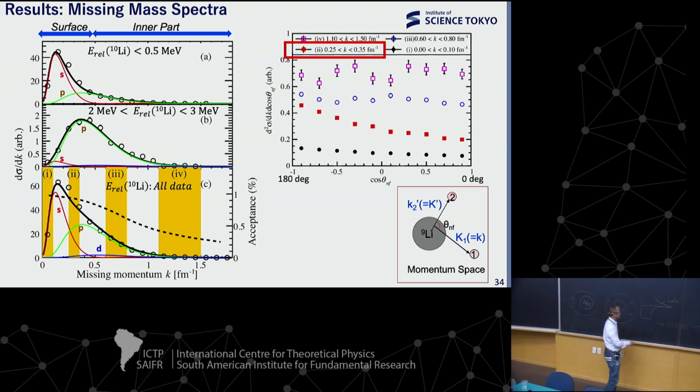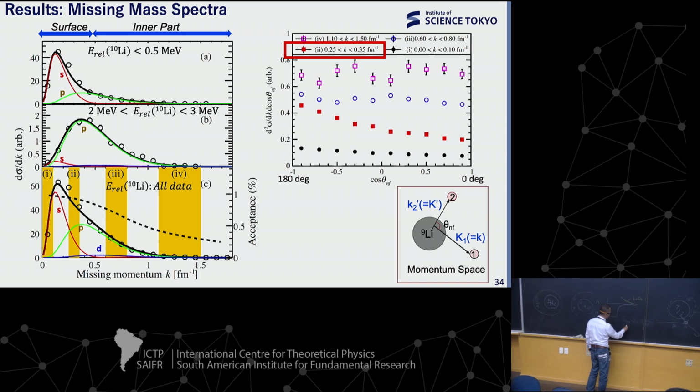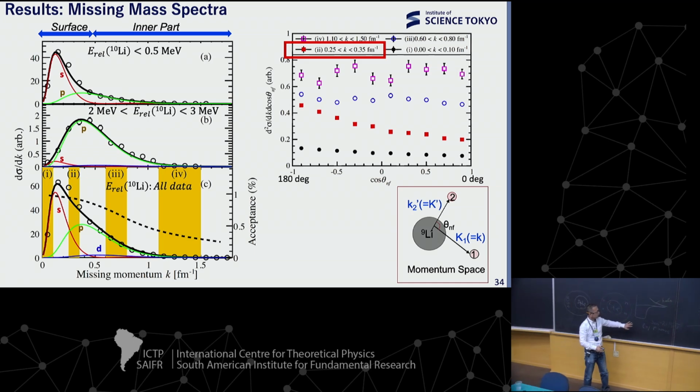And second, helium-8 is basically a P wave, so L equals 1, not L equals 0. So we think the density distribution doesn't have such a strong tail. But on the other hand, for helium-6, S2N is 0.97 MeV, so it's half.